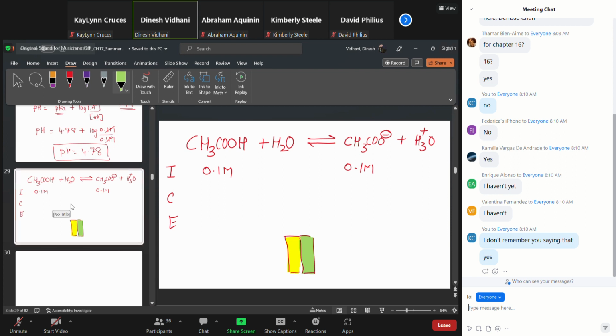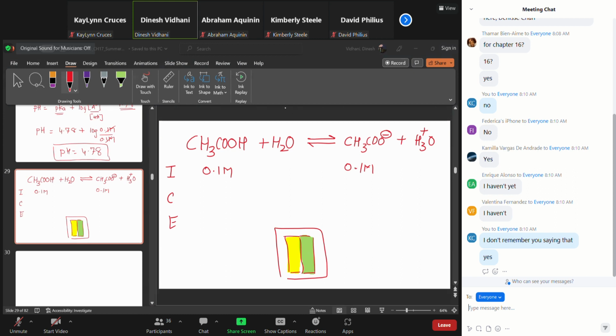You just put this whole thing in water. What would you expect in terms of hydronium ion? Will it dissociate? Yes, absolutely. So suppose X amount of acetic acid dissociates into acetate ions and hydronium ion.